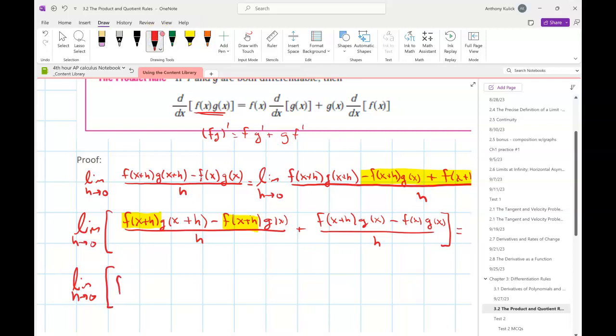Yes, Chanel? This is just a general question about the test, but do we have to do proofs on the test? Nope. Okay. But why am I wasting my time doing this? So we understand how it came from the limit? Yep. But also, most of you are going to end up taking multiple calculus classes in college, right?